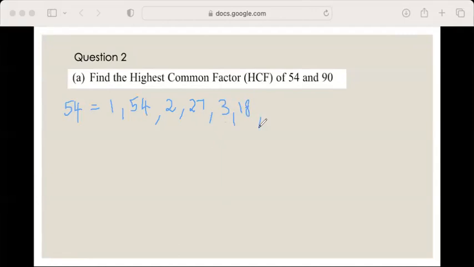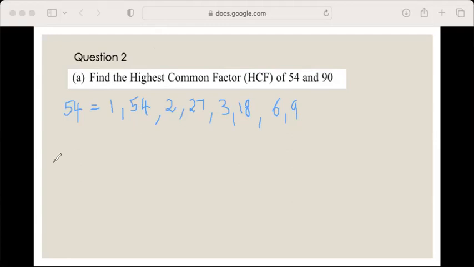Even 5 is not. But 6 is a factor of 54. That is 6 times 9 is also 54. Now we have all the factors. 7 and 8 are not factors of 54. So the factors of 54 are 1, 2, 3, 6, 9, 18, 27, and 54.